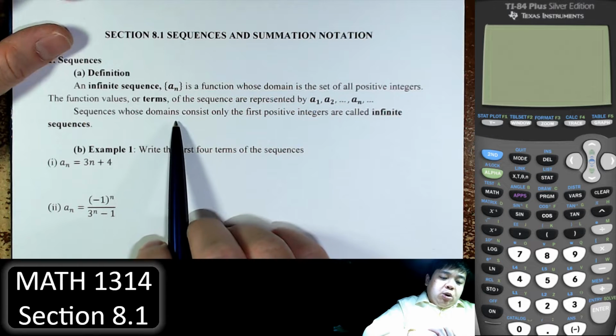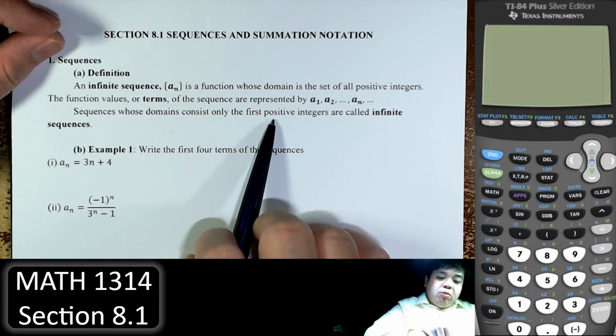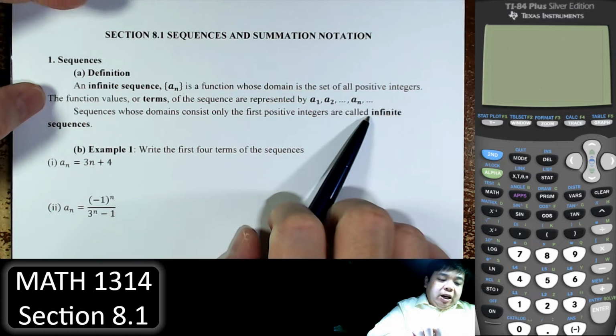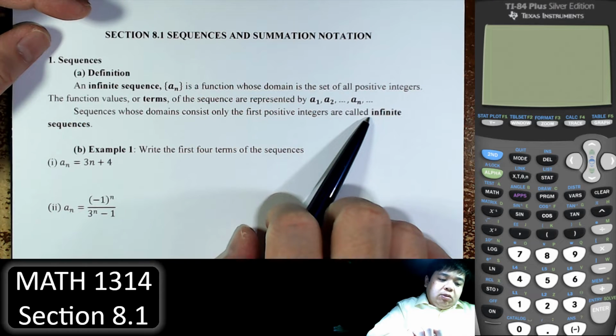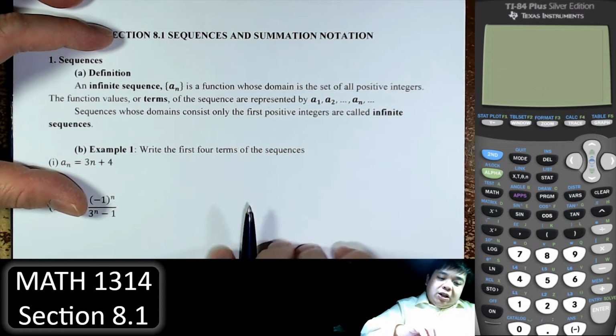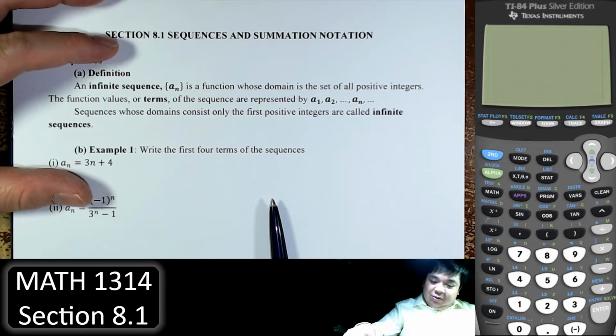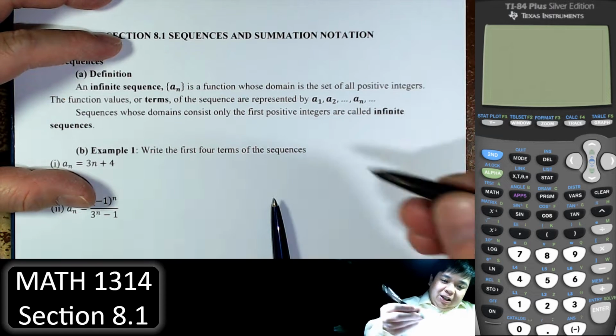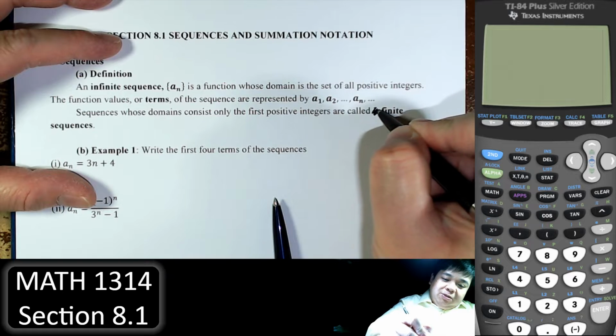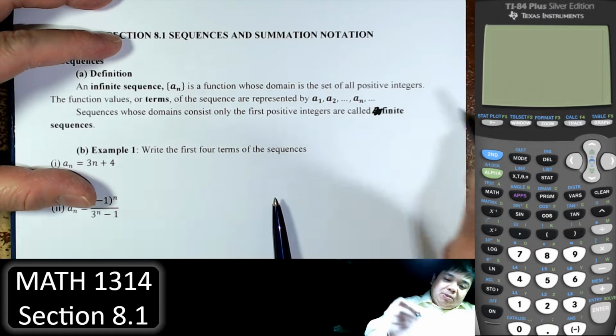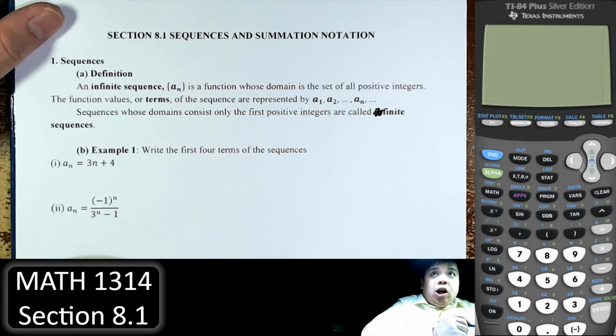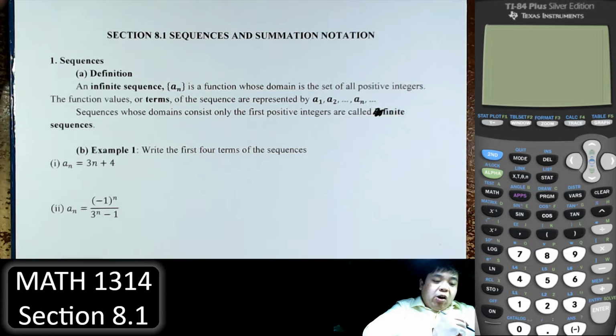Sequences whose domains consist only of the first n positive integers are called finite sequences. Sorry, that was a typo. Yeah, so it is a finite sequence. So it is a function.